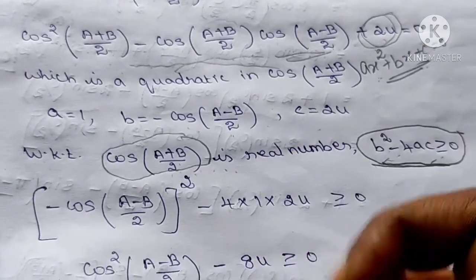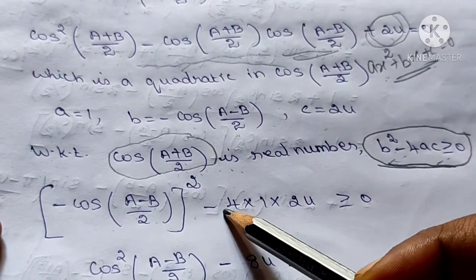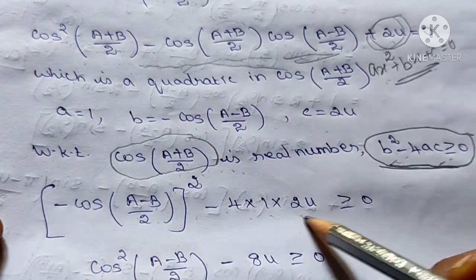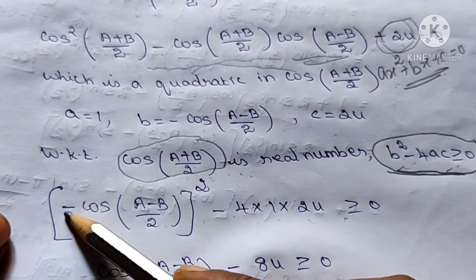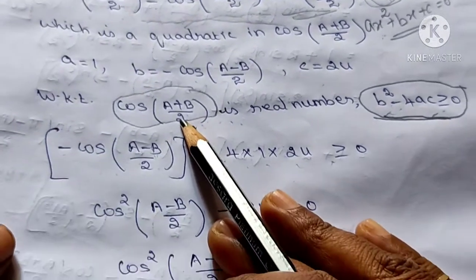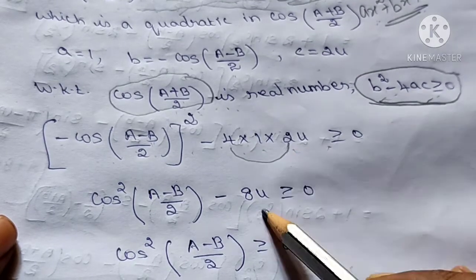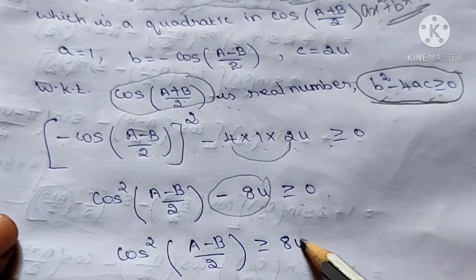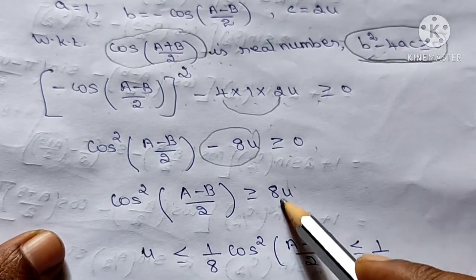We get b square is minus cos of a minus b by 2 the whole square minus 4 into a into c greater than or equal to 0. We take the square, this negative becomes positive. So cos square of a minus b by 2 minus 4 into 2u, that is 8u, greater than or equal to 0. Now you take minus 8u to the right side, cos square a minus b by 2 greater than or equal to 8u.